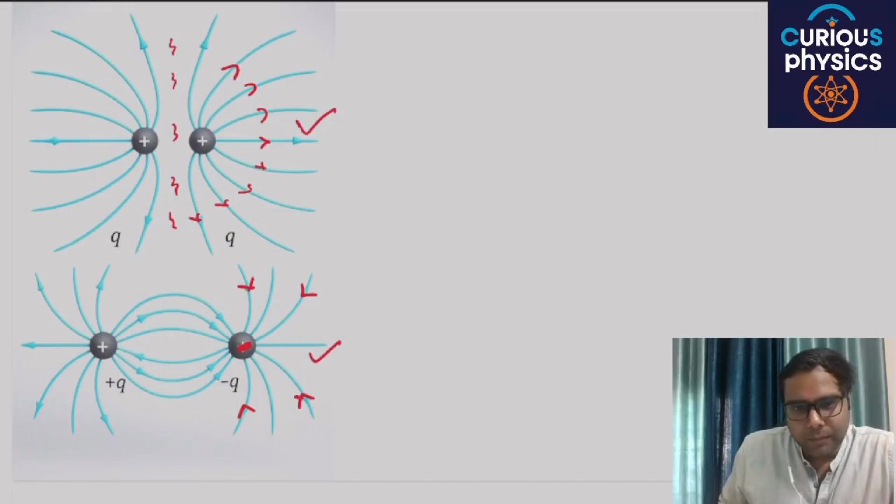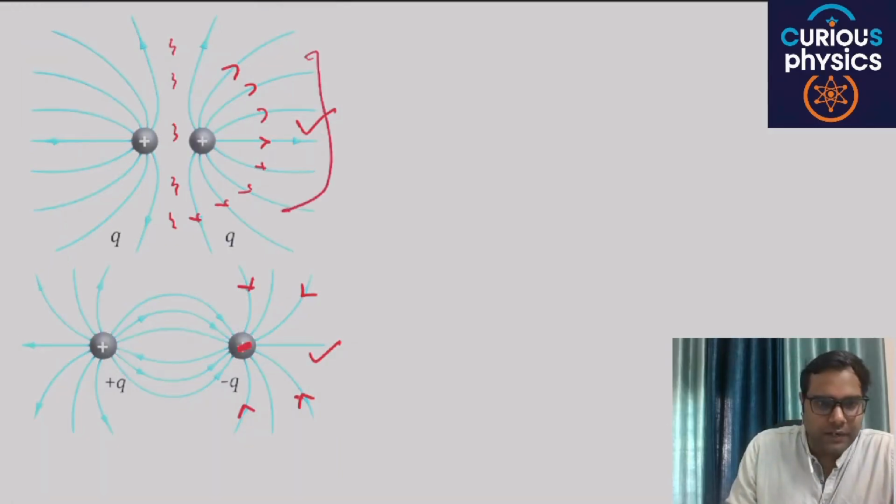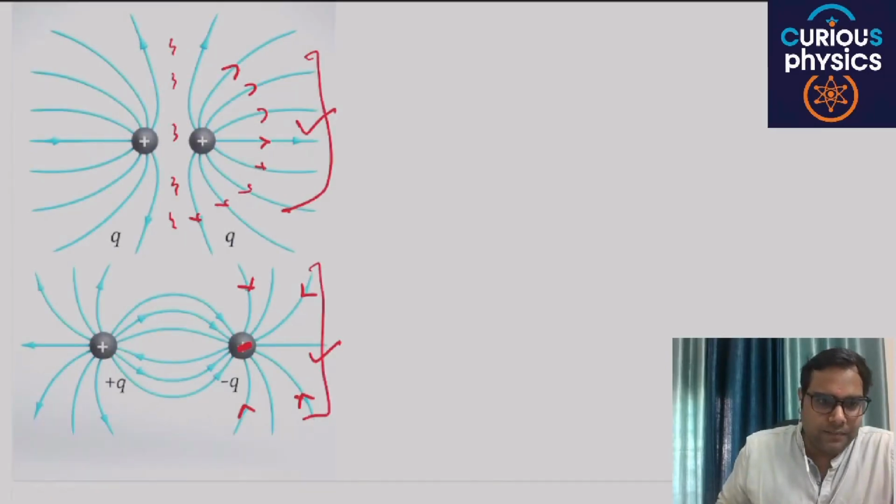Are you getting my point? So if the charge is placed alone, it will form a straight line that ends in infinity. Two charges of the same polarity form this kind of field line, and opposite polarity form this kind of field line. Okay.